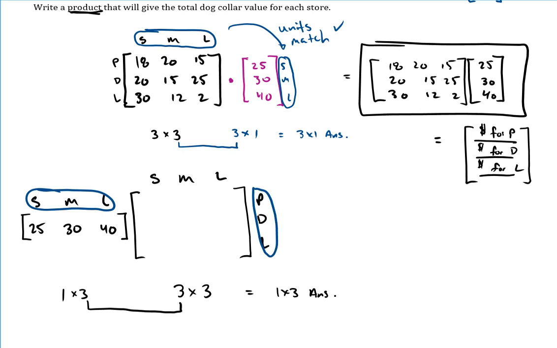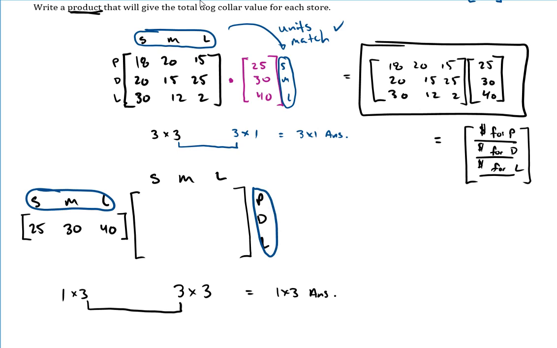Well, here I don't have a match. Again, the previous one, I said the units match, and to really clarify what I mean is the small multiplies the small, the medium multiplies the medium, the large multiplies the large. So that's what's happening here. Whereas in this scenario, I have the small multiplying Pet Plaza, so these aren't the same thing. So that means I should change it up.